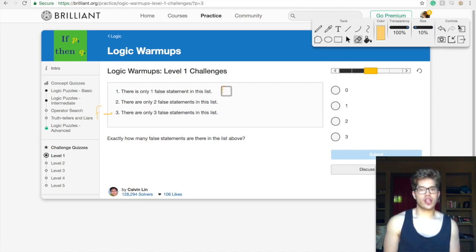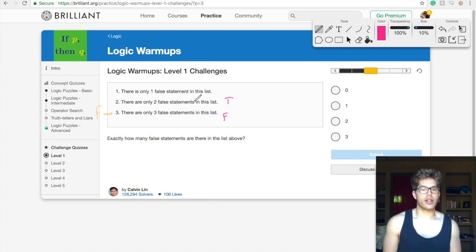Let's look at the middle statement. There are only 2 false statements in the list. Okay, again, if we take this to be true, then we already know statement 3 is false.